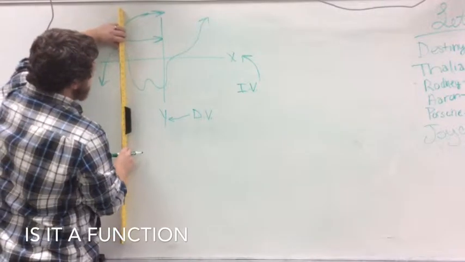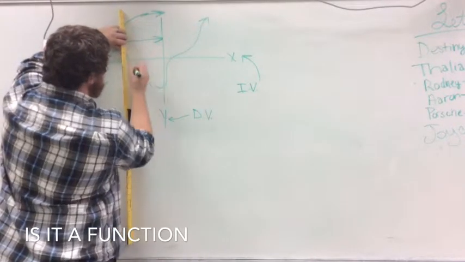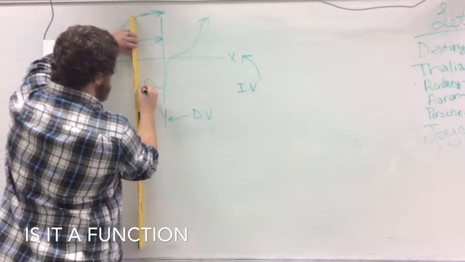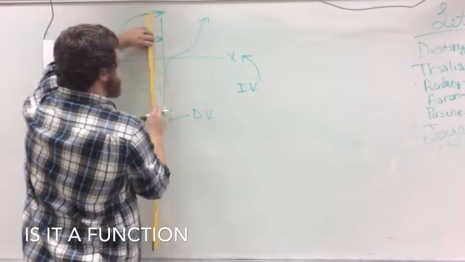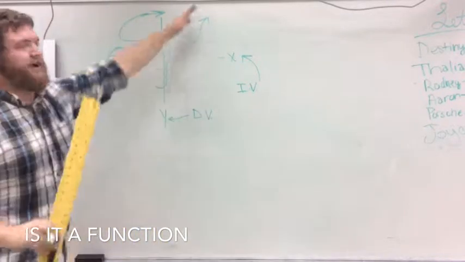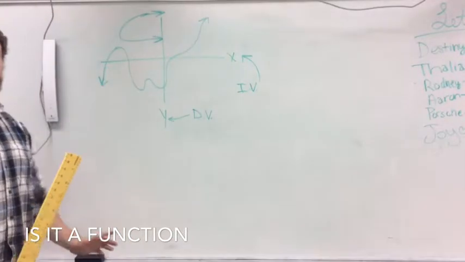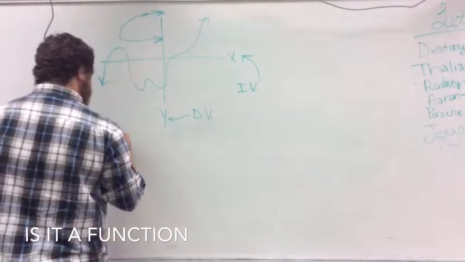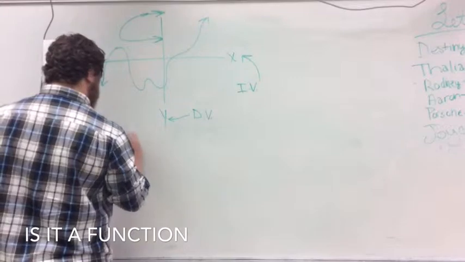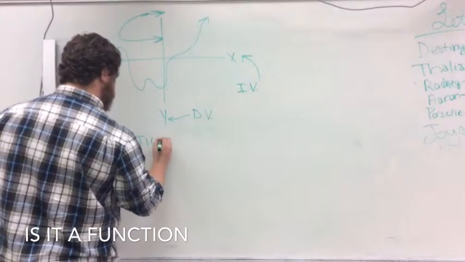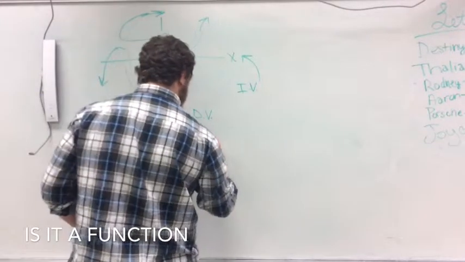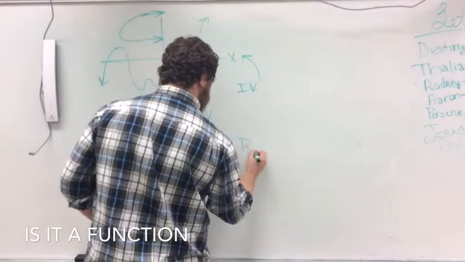If I was to do that all the way down through here, touch it once, once, once, once, once, would I ever touch it twice on this first graph with my squiggly line? No, I only touch it once. So I'm going to write the vertical line test. Vertical line test.